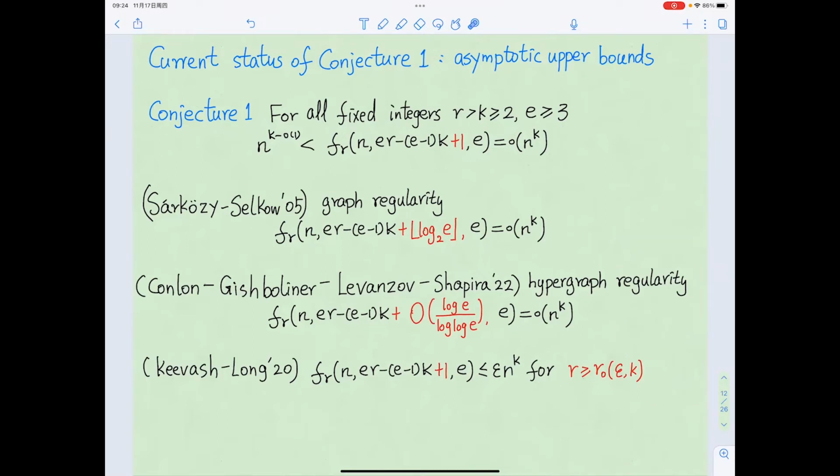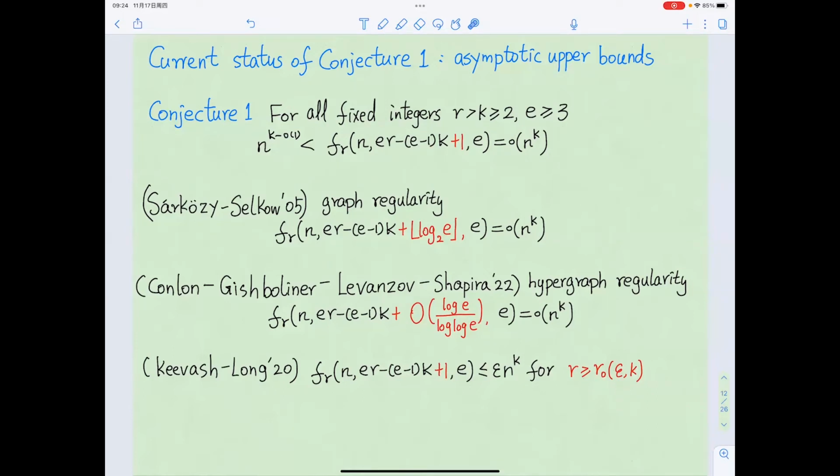In a recent paper of Conlon, Gishboliner, Levanzov, and Shapira, they managed to improve this by a log e factor, and their proof applies the hypergraph regularity method. So you can see that although we are coming close to the conjecture, there is still a gap.